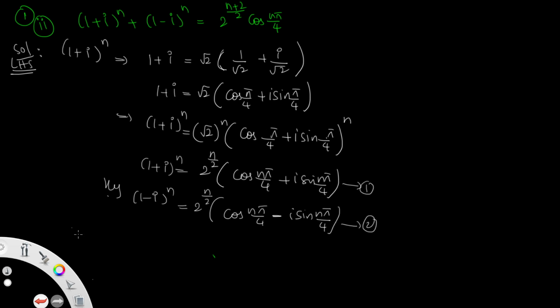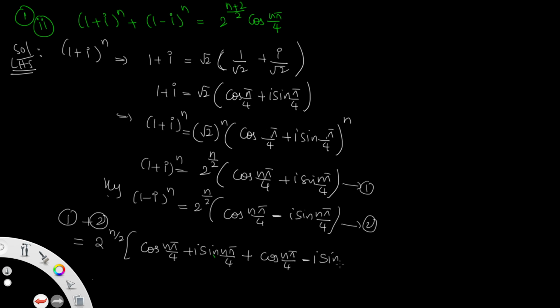Now adding 1 and 2. From this, 2 power n by 2 is common. That is (cos n pi by 4 plus i sin n pi by 4) plus (cos n pi by 4 minus i sin n pi by 4).